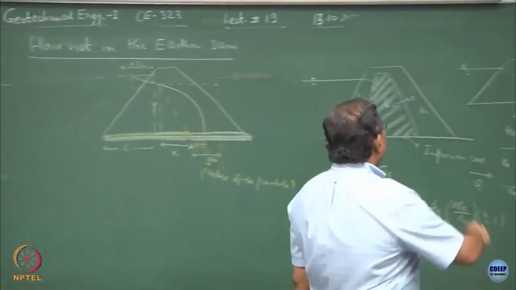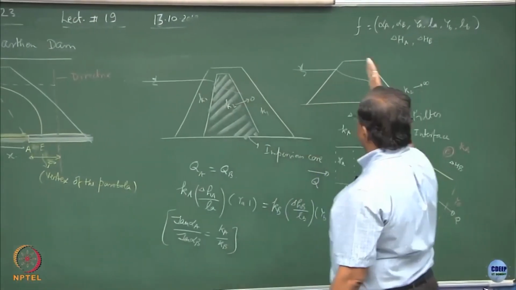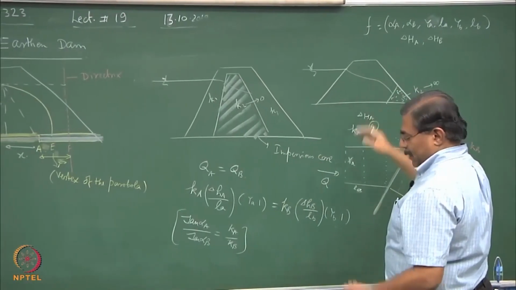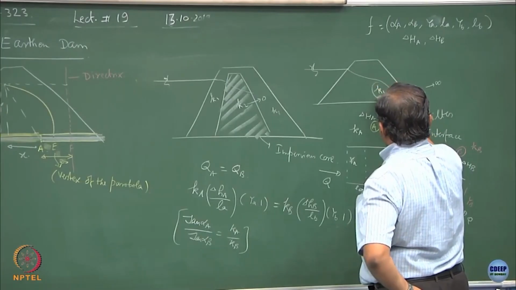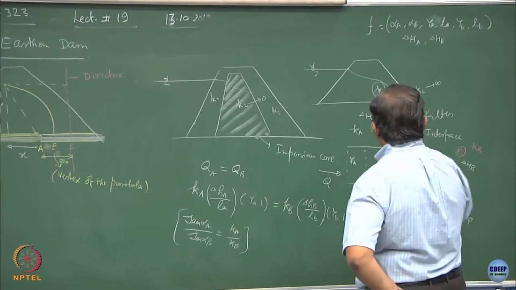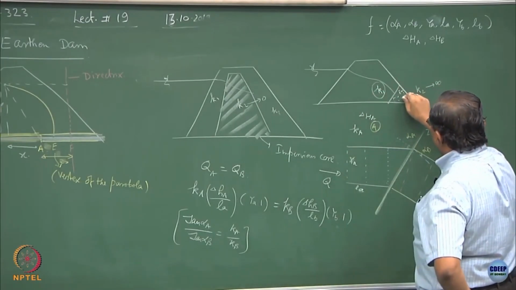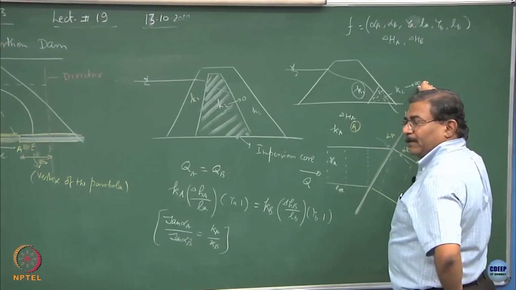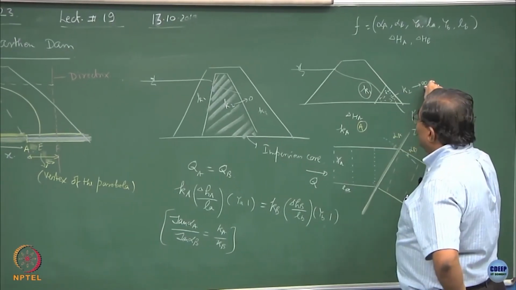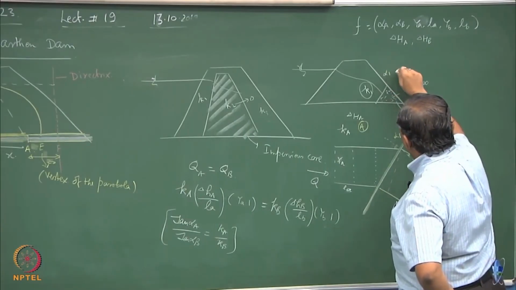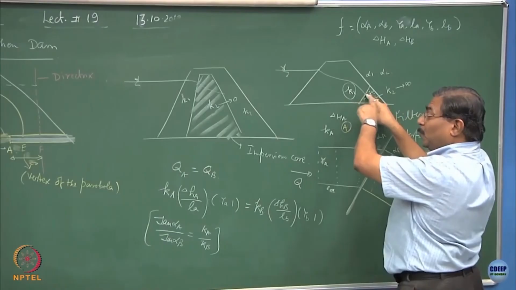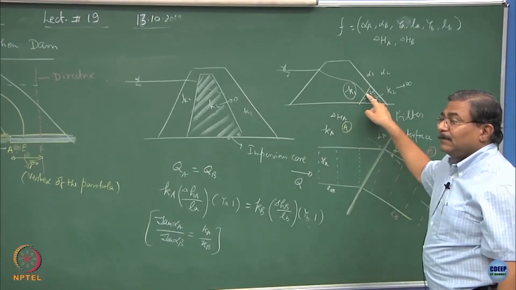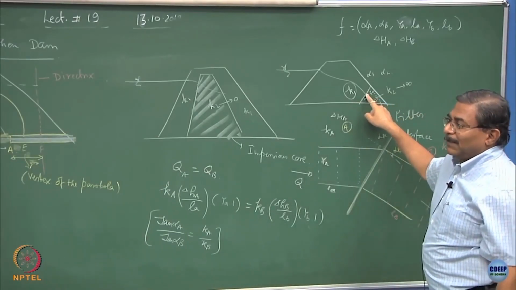So, the whole story started from interface problems like this. This K1 is a finite value. The value of hydraulic conductivity for the filter layer is tending to infinity, clear. So, what is the relationship between alpha 1 and alpha 2? Alpha 2 is going to be 0. Why? What is the meaning of this?